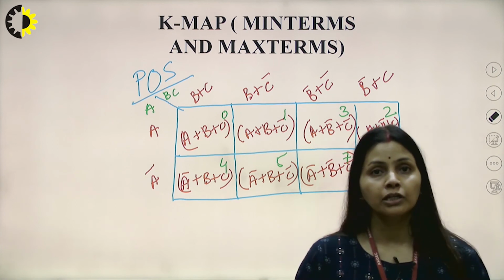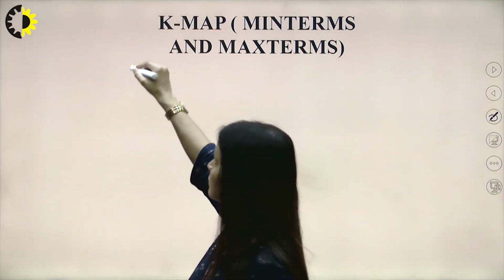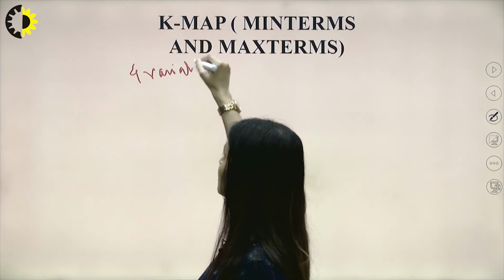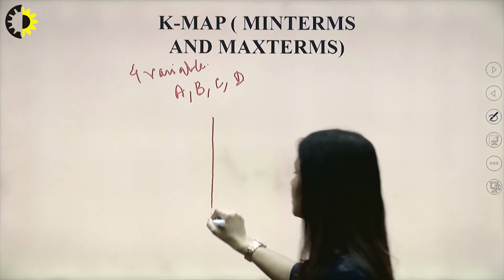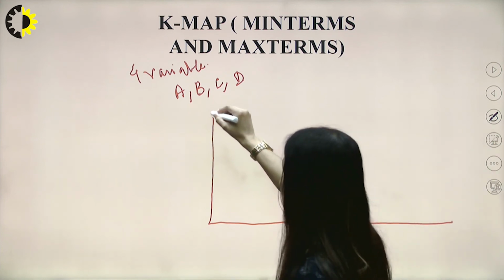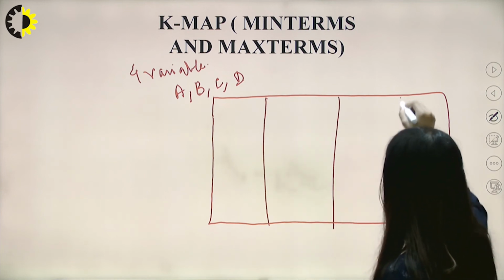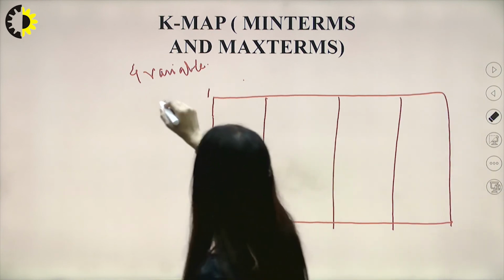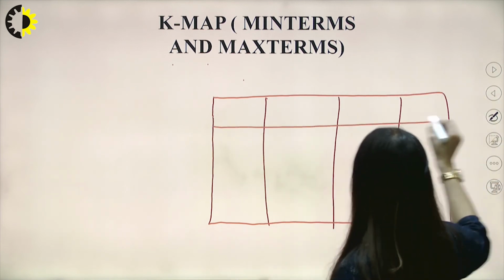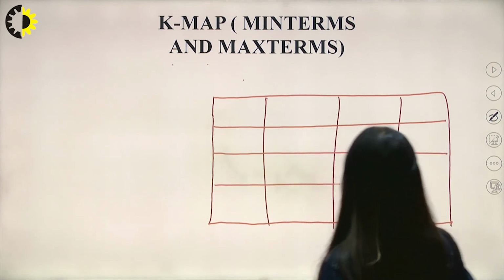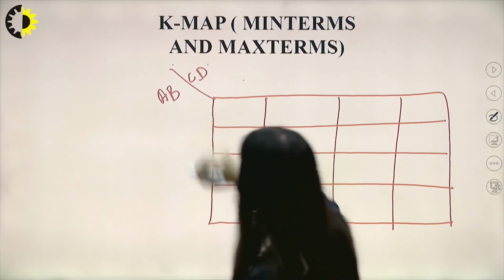Now we can also draw for the 4 variables SOP and POS form. Like for 4 variables, let us have the counting and the drawing of the K-map. 4 variables, let us consider A, B, C, D. Now again I will be writing this AB and CD.